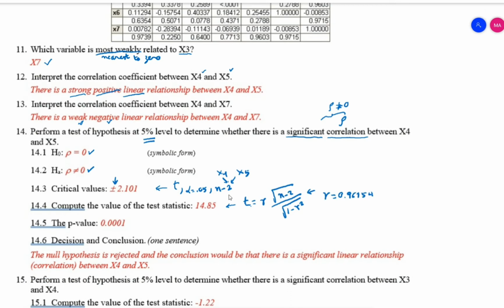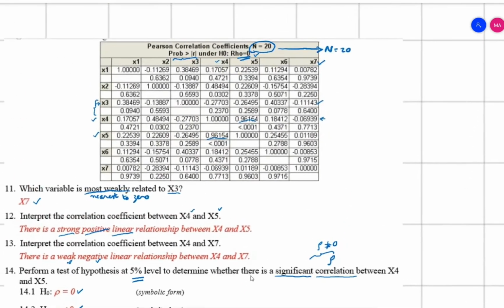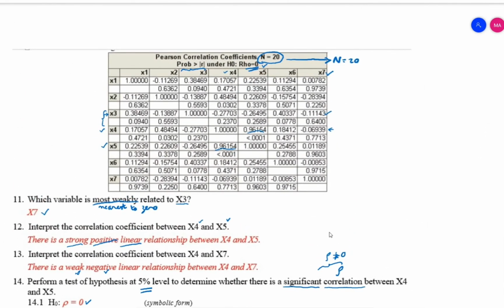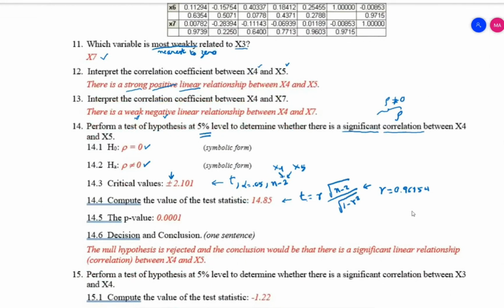P-value. The p-value is in the second row. For every variable there are two rows. Second row, 8.85. The p-value is smaller than 0.0001, very very small.